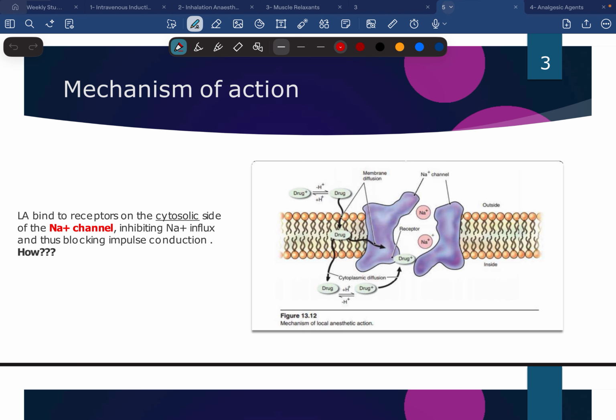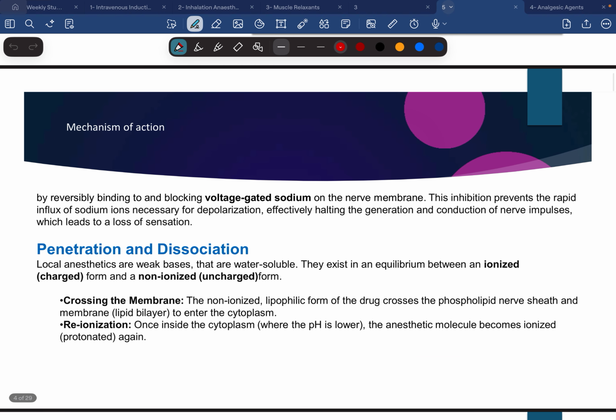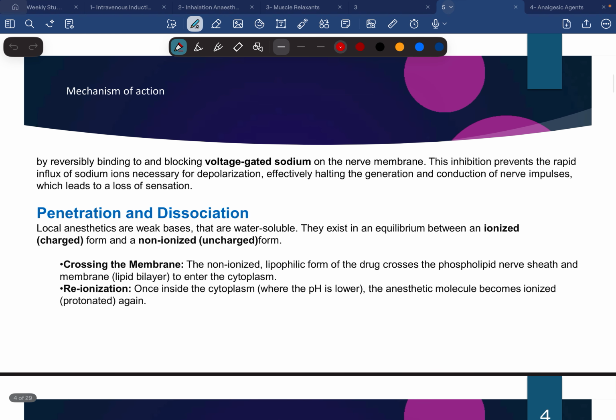Initially, it needs to be charge-free and lipid-soluble, pass through the membrane, then get charged inside the cell, and then it inhibits the sodium channels. It reversibly binds to the voltage-gated sodium channels. This inhibition prevents further influx of sodium, preventing further action potential.